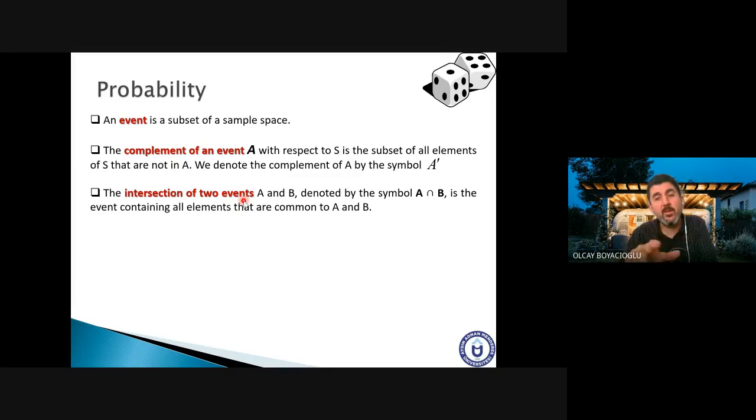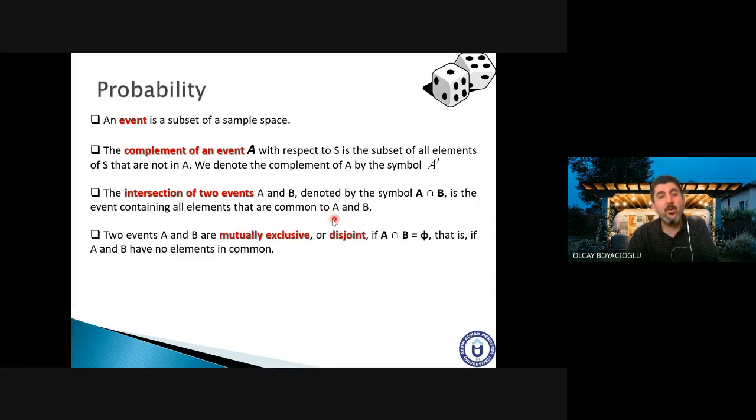Intersection of two events. If you notice, this is going to be a simple topic now. Intersection of two events, A and B, denoted by the symbol A intersect B, is the event containing all elements that are common to A and B. Bu bildiğiniz A kesişim B. Okay? That are common to A and B. Okay.